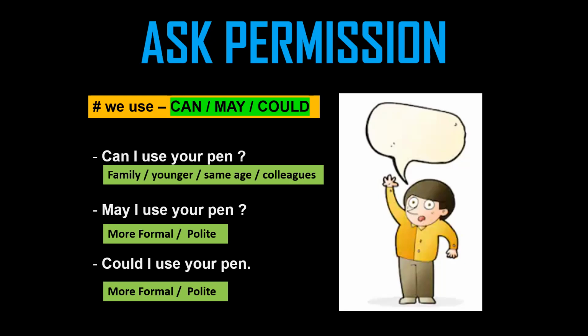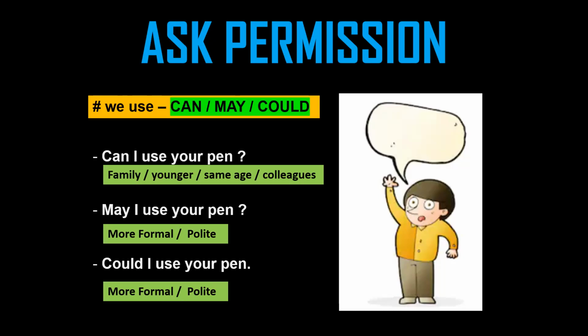Clear? Suppose you are talking with your colleague, तो थोड़ा सा formality रहेगी ही ना. So then you can use may. बिल्कुल formality नहीं है तो use can. If there is little formality then use may. And if very formal situation, suppose you are asking your boss, then you have to use could.